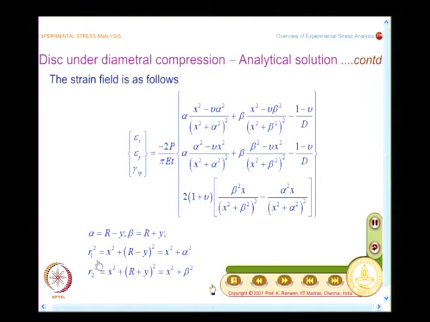You have r1 squared as x squared plus alpha squared, r2 squared as x squared plus beta squared, and the second term here is beta into x squared minus nu times beta squared divided by (x squared plus beta squared) whole squared, minus (1 minus nu) divided by d. So, this is the expression for epsilon x.